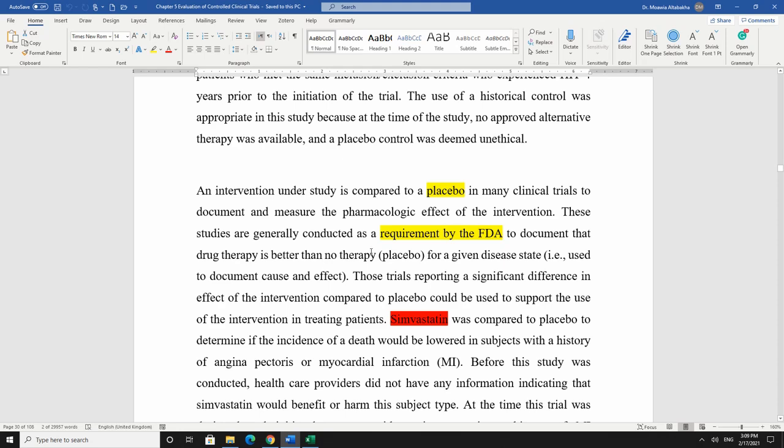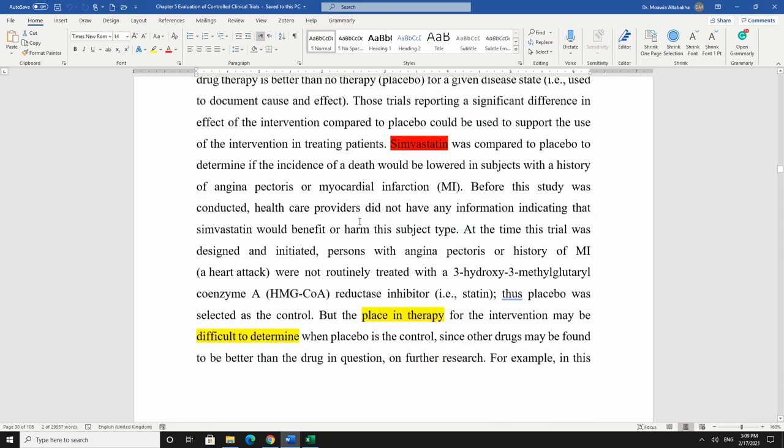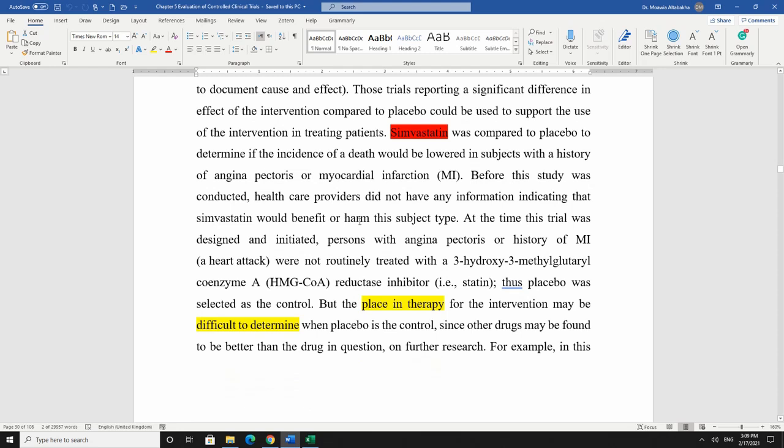Okay? Well, what's the problem with placebo? First, if your drug is better than placebo, then you don't have evidence that it's better than the drugs that are in the market. Right? Because what you proved is that it's better than placebo. Okay, it's effective.